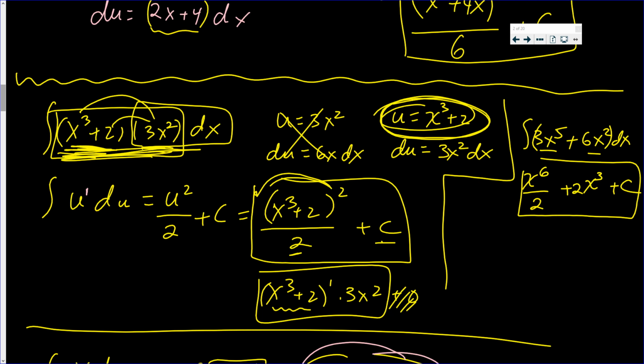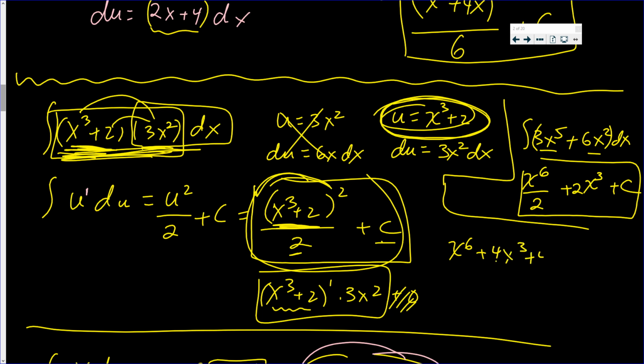If I square the x cubed plus 2, I'll get x to the 6 plus 4x cubed plus 4 all over 2 plus c. I'll divide those.